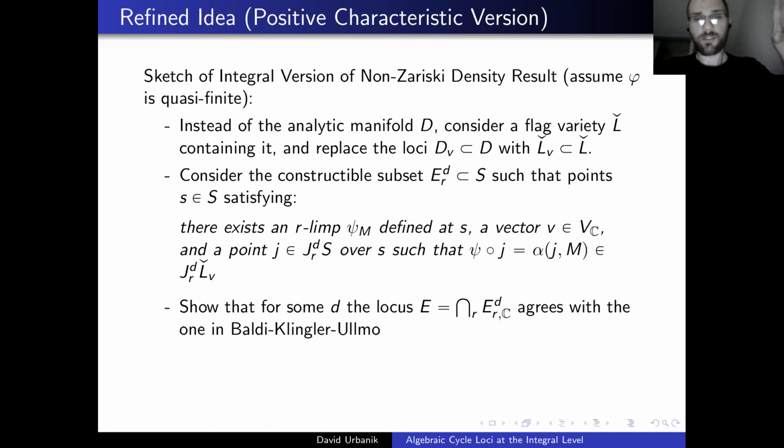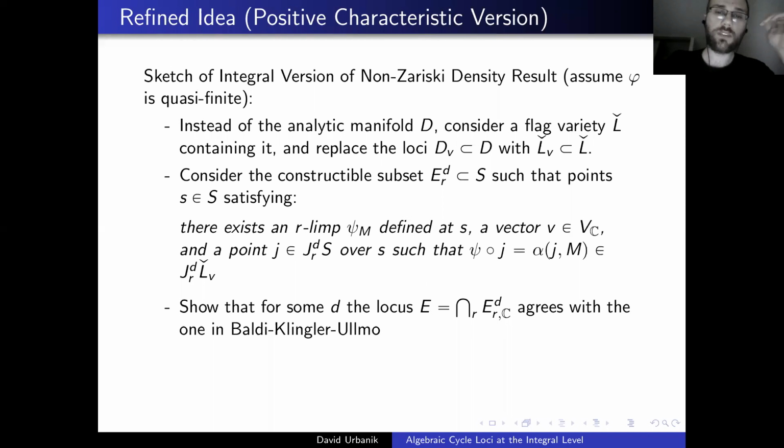And a jet defined at S such that if you evaluate the infinitesimal period map on that jet, which remember represents an infinitesimal disk, then you land inside that flag subvariety.